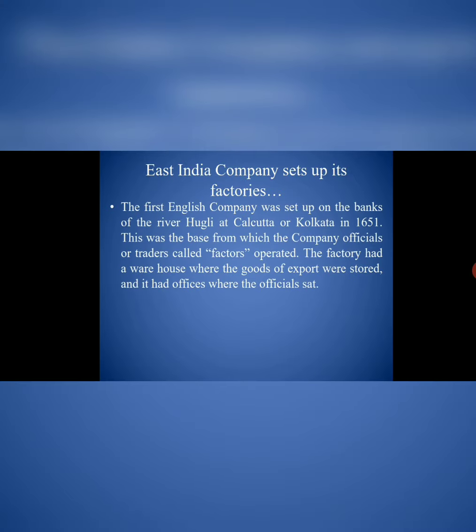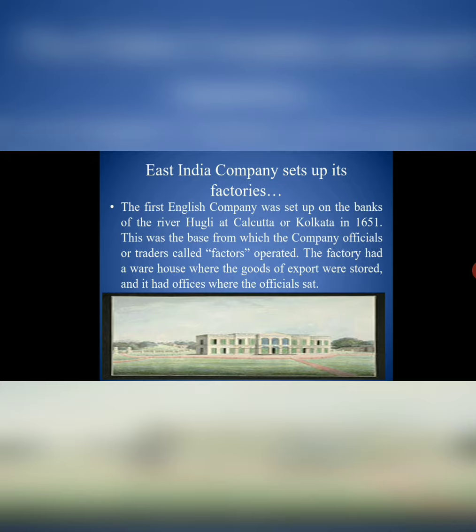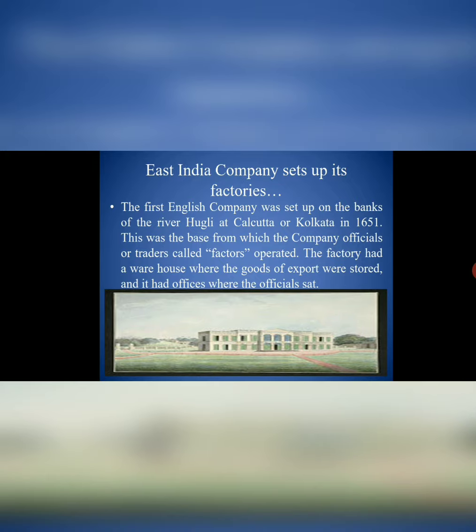East India Company sets up its factories. The first English factory was set up on the banks of the river Hooghly at Calcutta or Kolkata in 1651. This was the base of the company, where officials or traders called factors operated. The factory had a warehouse where goods for export were stored, and it had offices where the officials sat.